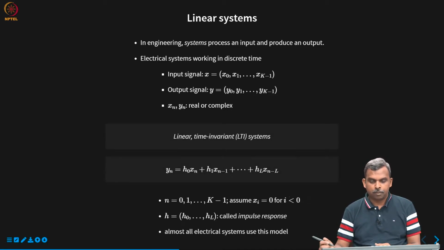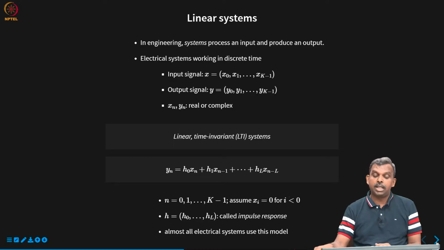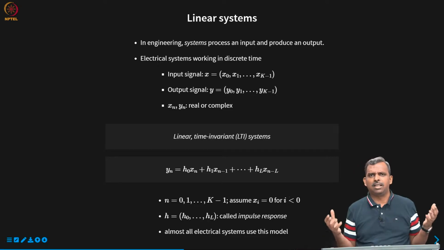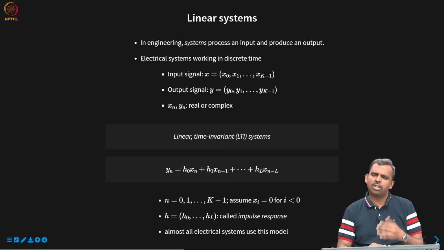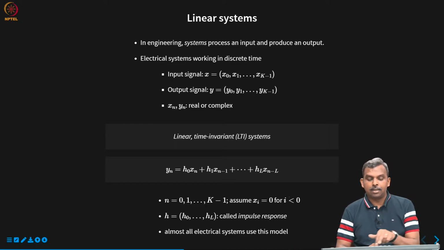LTI systems, or linear time invariant systems, are very popular. Most systems that electrical engineering uses, or even other areas use, have the output yn related to the input x in this fashion. Yn, the output at time n, is given by h0 times xn.